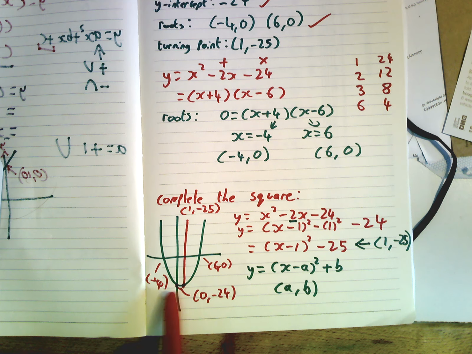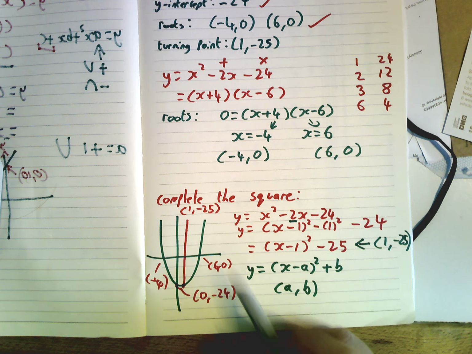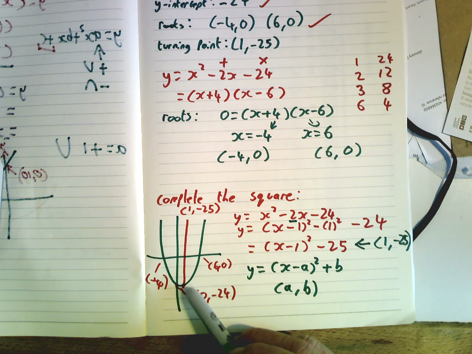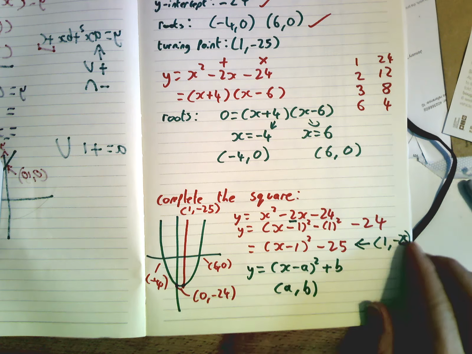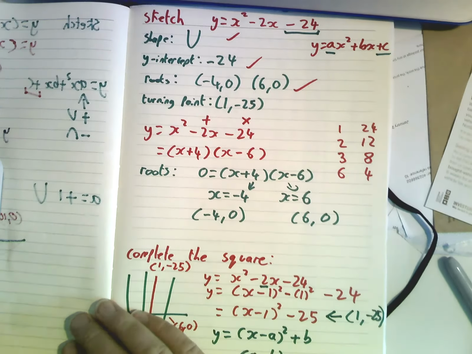These two points are actually very close together, so just in case you're wondering why, those two coordinates are very similar to each other. The turning point is just slightly further to the right and slightly further down than the y-intercept. Okay, and that's one way you could sketch a graph.